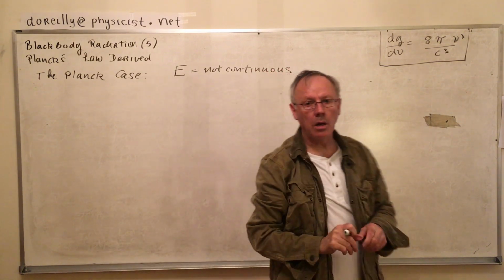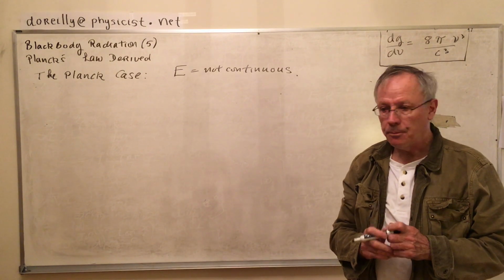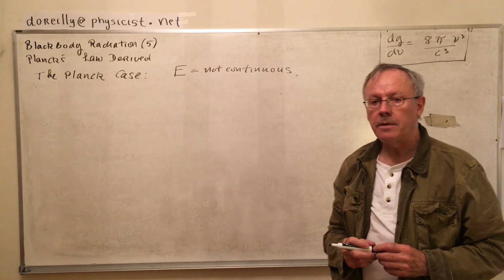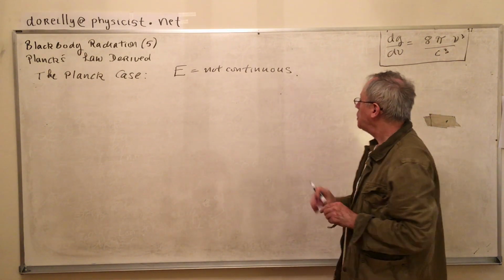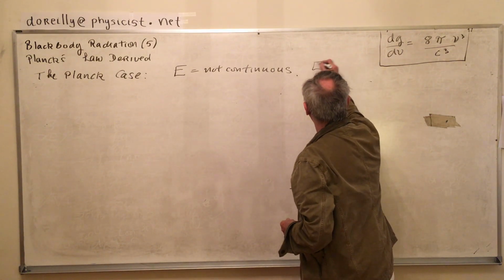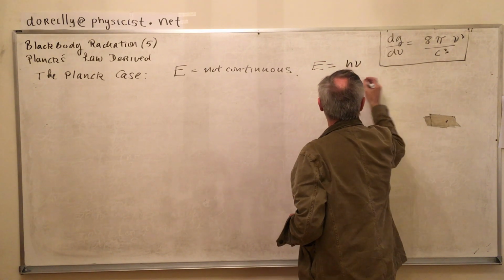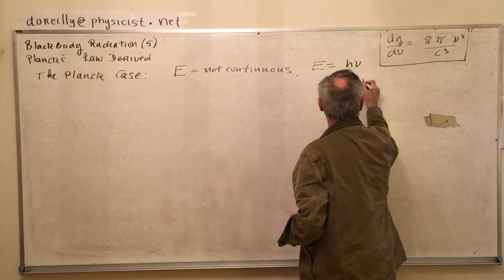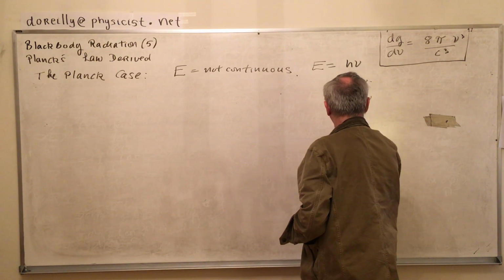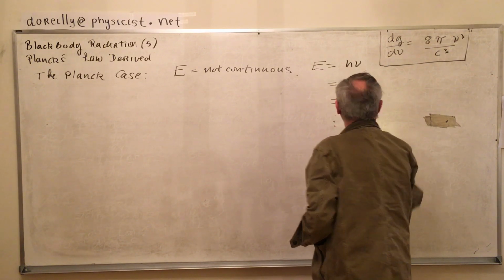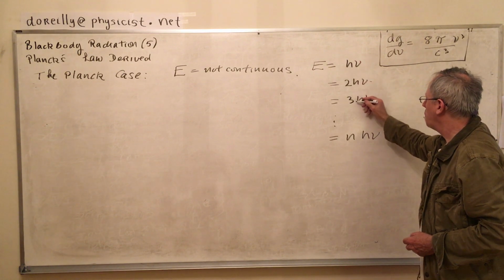The energy is no longer continuous. Planck assumed that the wall of the box, the cavity, consists of a very large or an infinite number of harmonic oscillators. And each harmonic oscillator has an energy given by any discrete number of h nus: 1, 2, 3, 4.